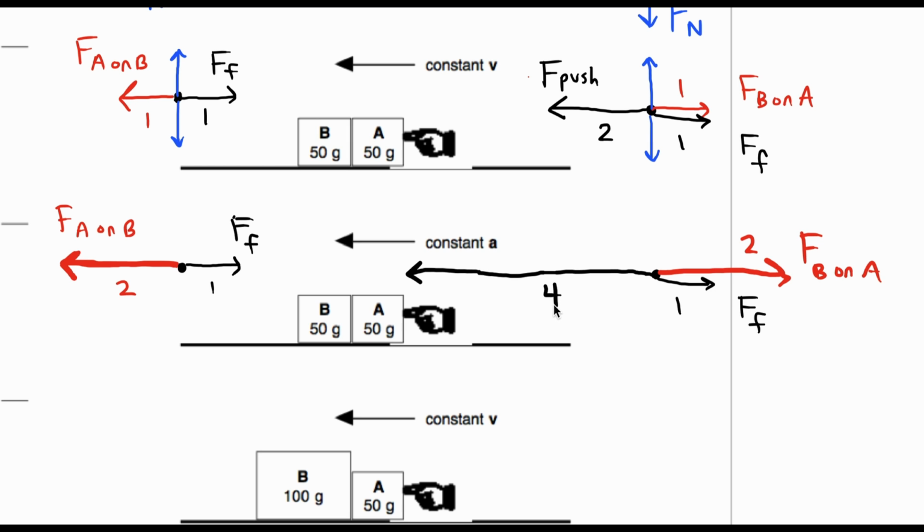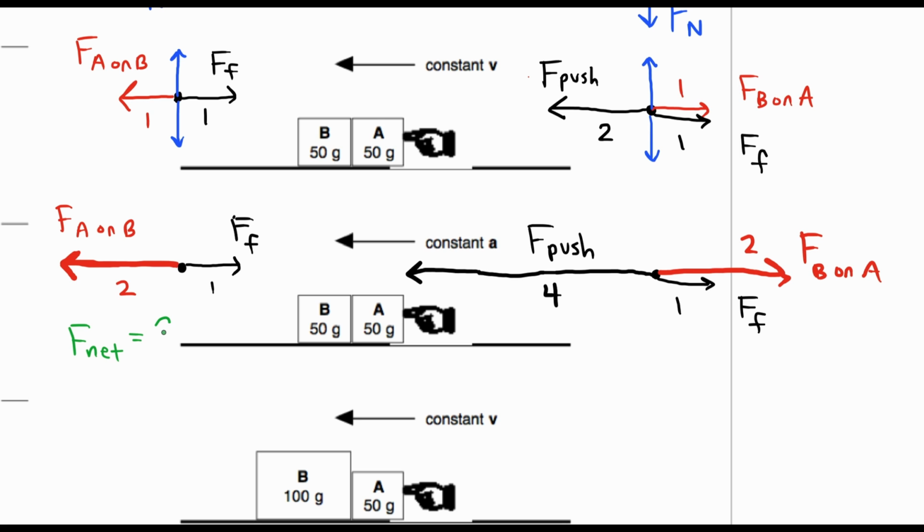If I push with a 4 in the forward direction and we have 3 in the backward direction, then that forward force of push will win, so to speak. And our block A will accelerate with a net force of 1 unit, which is the same as the net force that the other block had.